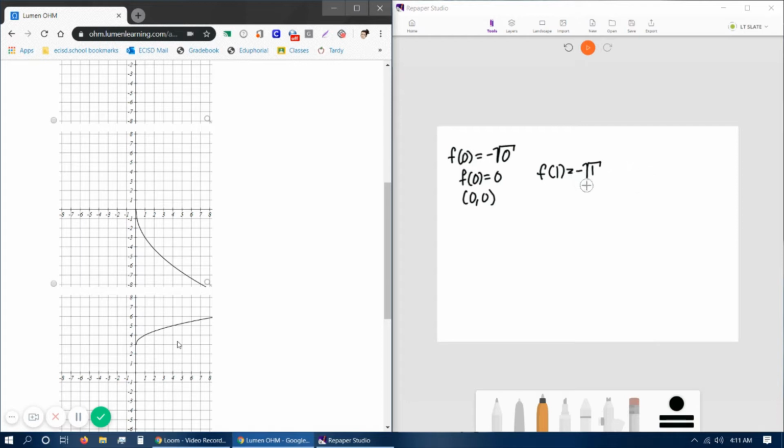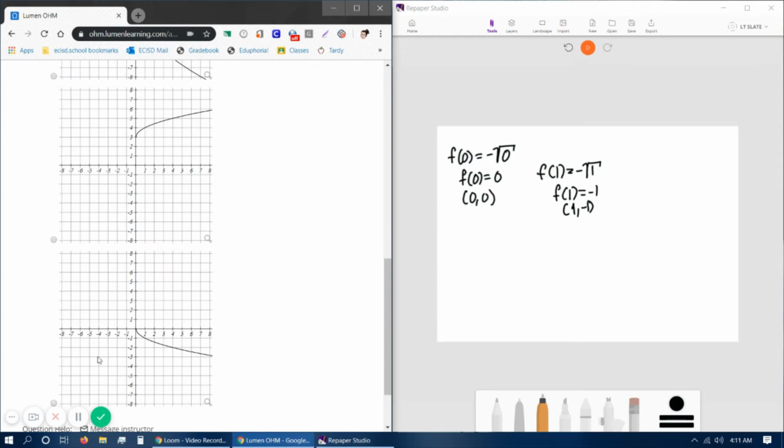The square root of 1 is 1, so this will simplify to f of 1 equals negative 1, giving me a second point at 1, negative 1. This means I can eliminate the second graph, leaving me with the fourth graph as my correct answer.